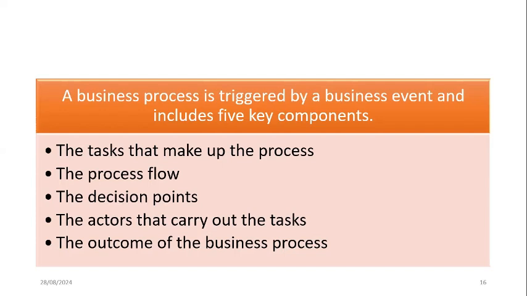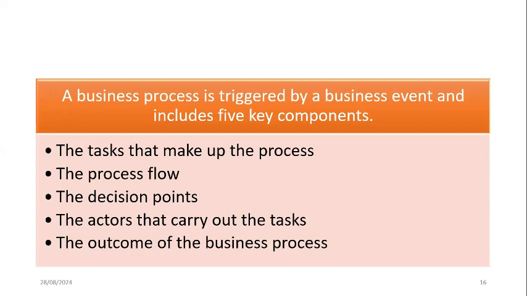A process will always have a flow. Because it's a journey. It has a start and it has an end event. So a process is a flow. In a process, you will always find a decision point. There's always a decision point in a process. Very important. In a process, actors are the ones who carry out these tasks.